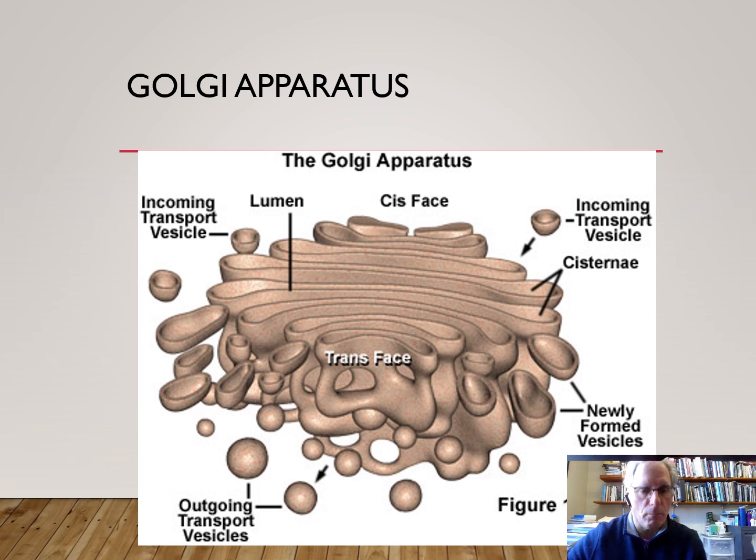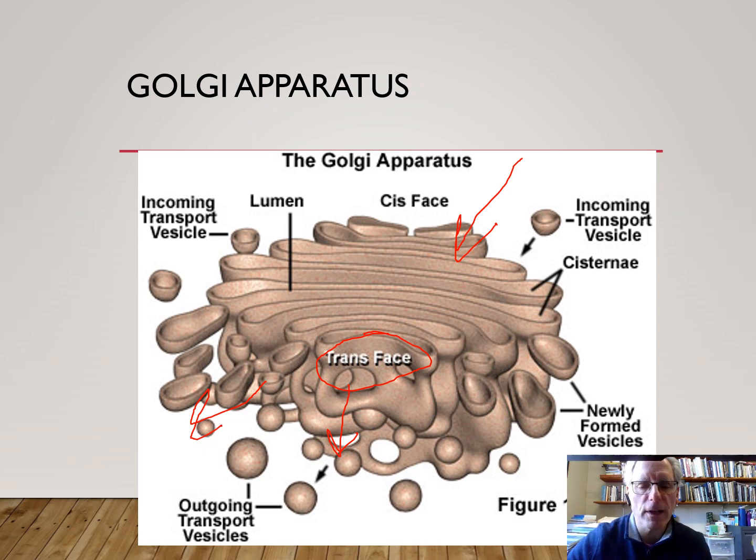As I said, most of the vesicles from the endoplasmic reticulum will go to the Golgi apparatus. They will come in here on the cis side. In the Golgi apparatus, these proteins will be modified further, and then vesicles will bud usually from the trans face, and they will either go to the membrane for secretion, or they will bud and become lysosomes.